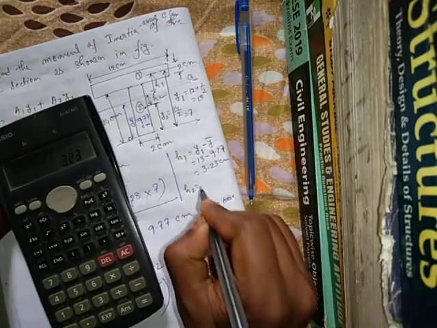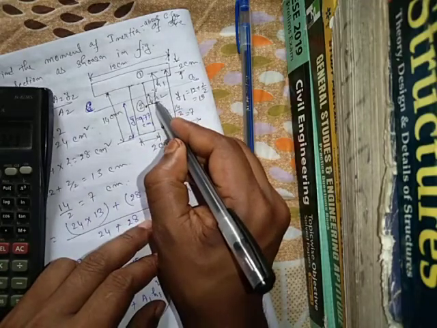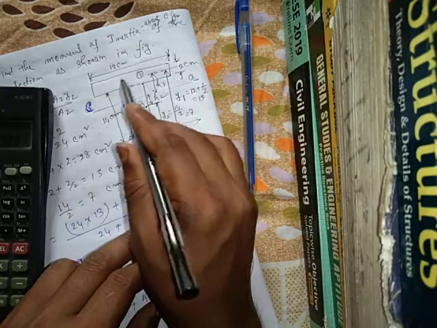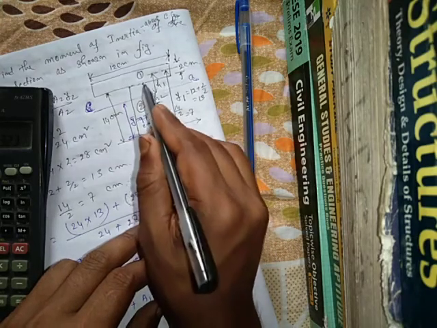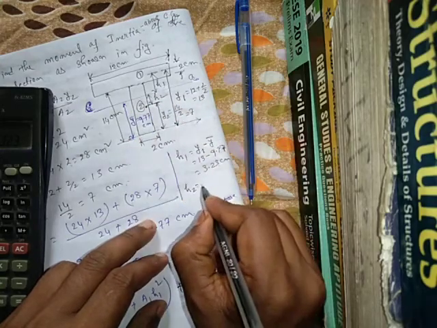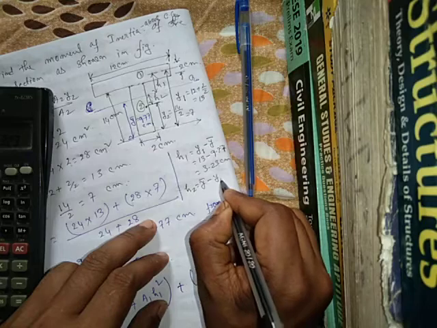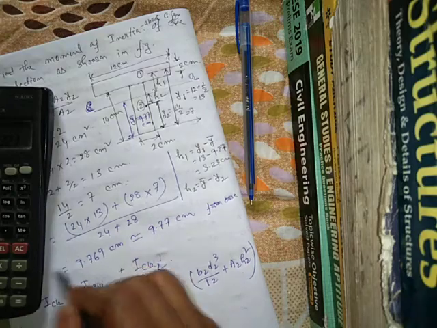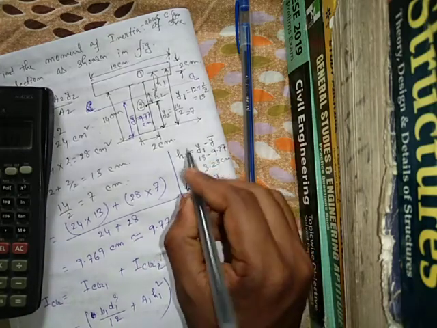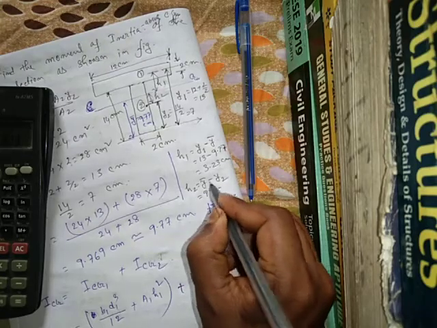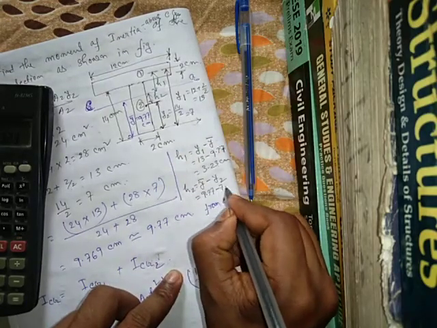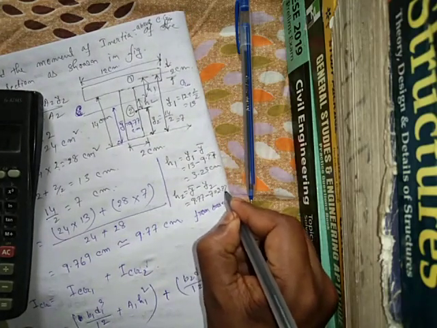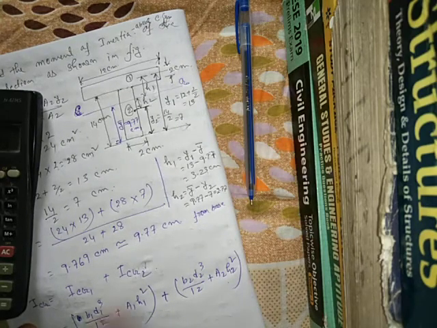H2 is the distance from the CG of the whole section to the CG of the web section, which is y bar minus y2. Y bar equals 9.77 minus y2 equals 7, which is 2.77 centimeter.